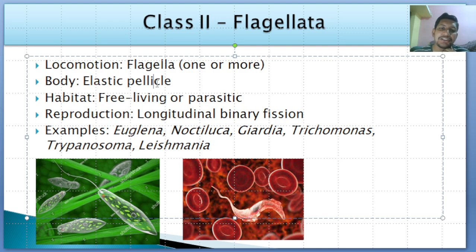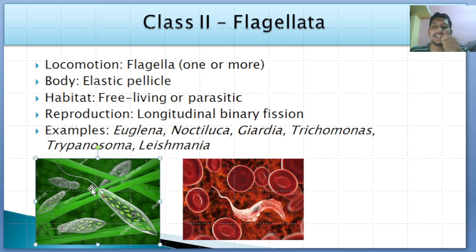And habitat, they may be free living or parasitic. Some are free living and some are parasitic. For example, Euglena is an example of a free living animal, and parasitic examples are Leishmania and Trypanosoma. You can see that diagram. This green diagram I have shown you is an example of Euglena, and here you can see one more diagram which is almost reddish in color.